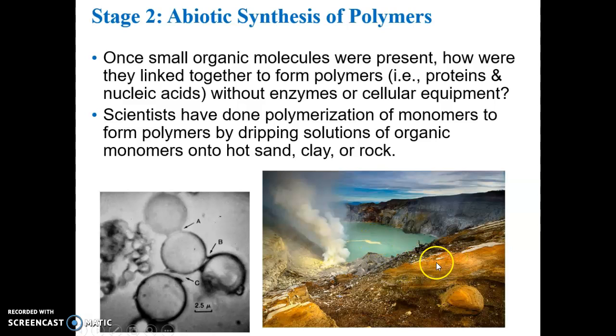The energy and the surface of the clay or rock material and the heat of it provides the setting where chemical bonding can occur. In early Earth's history, there was plenty of organic material around, some of these simple building blocks, and plenty of hot clay and sand and rock around. And this is one likely way that the abiotic synthesis of the polymers occurred.